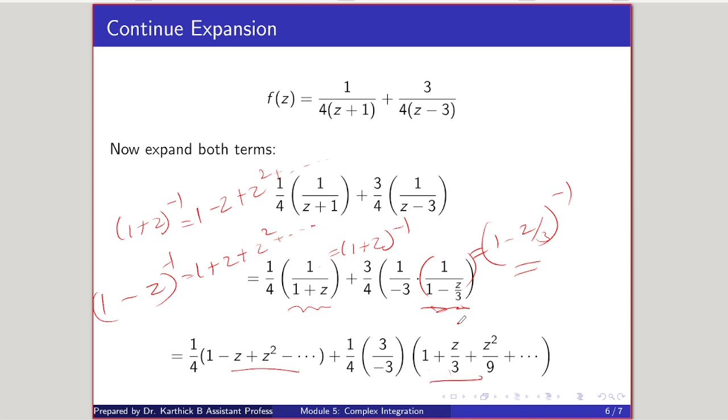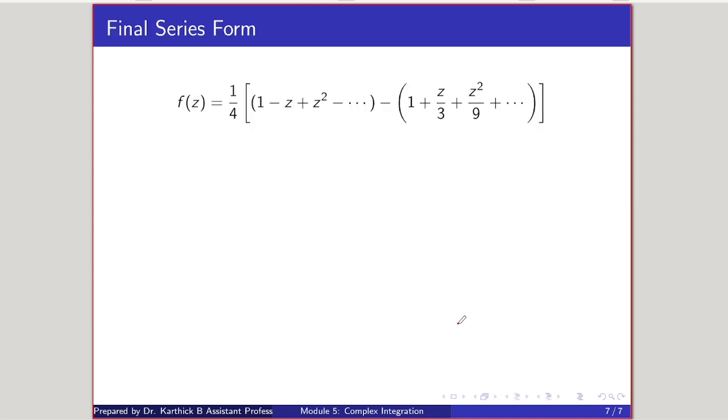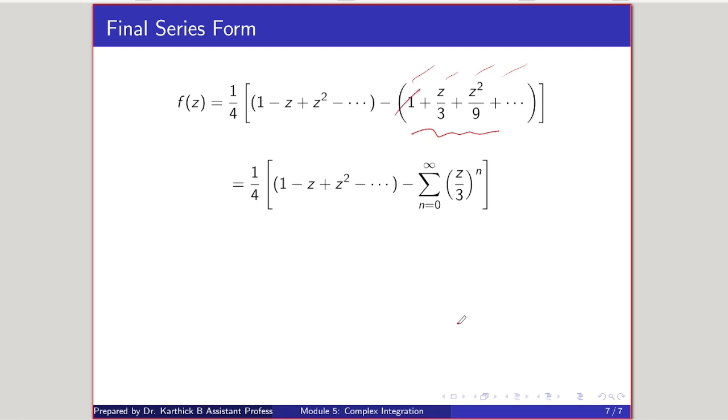So the 3s will get cancelled, and the remaining part we can take 1 by 4 common for both the terms, and 1 and minus 1 will get cancelled. Okay, and next we can express this in the summation form. If you raise the powers with n equal to 0, 1, 2, 3, you will get the value 1 by 1. So anyway, this plus 1 minus 1 will get cancelled. On the next step, here the value of n equal to 0.